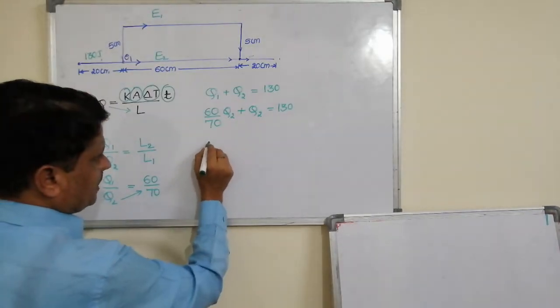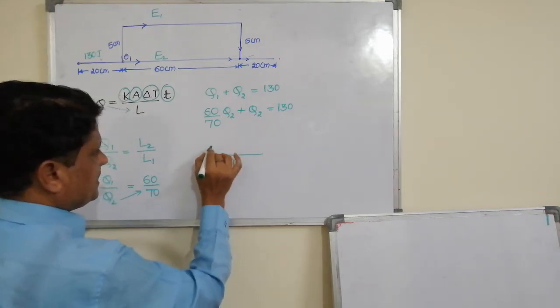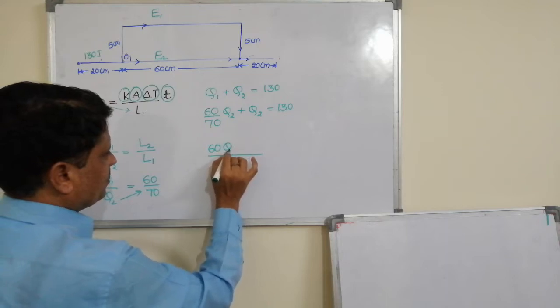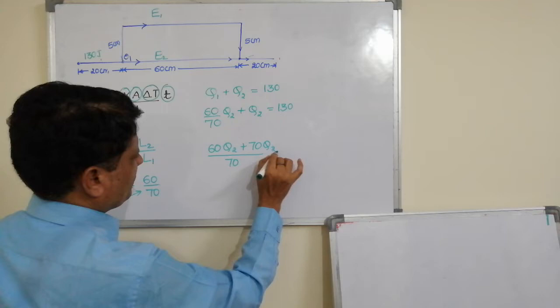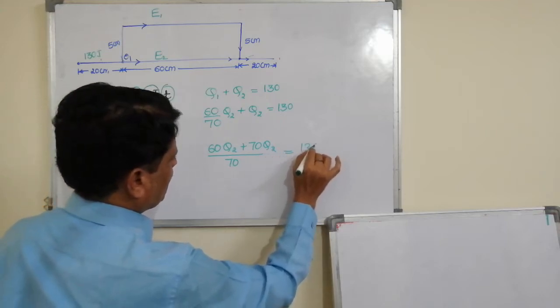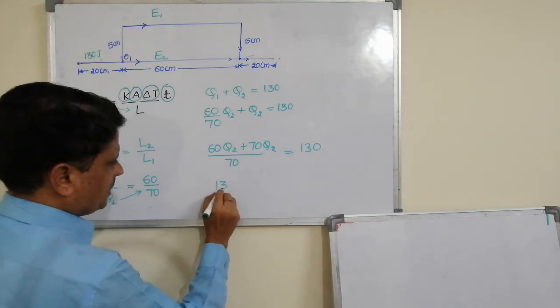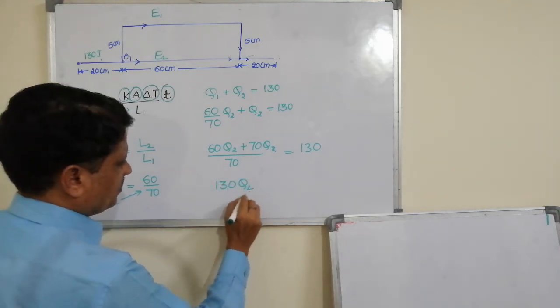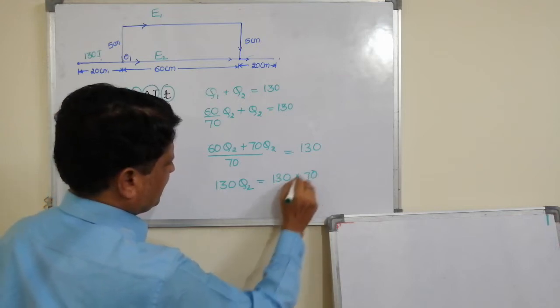Then if I take LCM as 70, 60 Q2 plus 70 Q2 is equal to 130 into 70. This is 130 Q2 equal to 130 into 70.